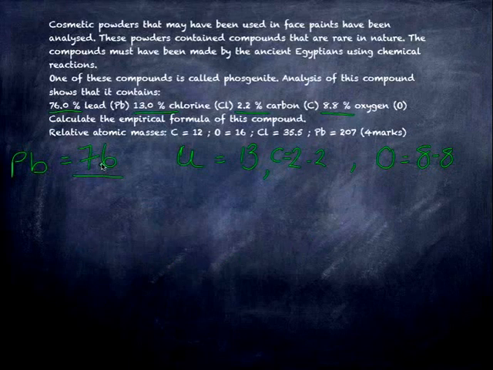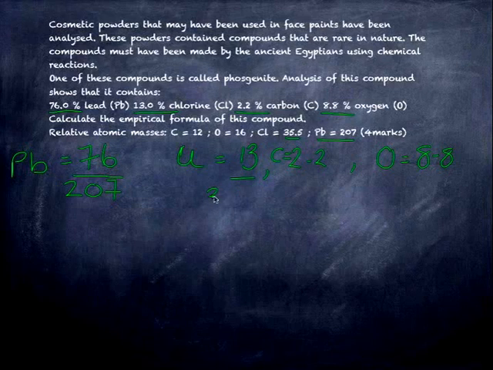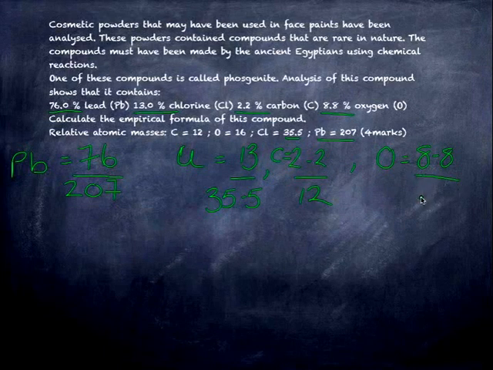So how many moles do we have of each of these elements? So it'll be divided by 207. The chlorine will be divided by 35.5. Carbon will be divided by 12, and the 8.8 of oxygen will be divided by 16.